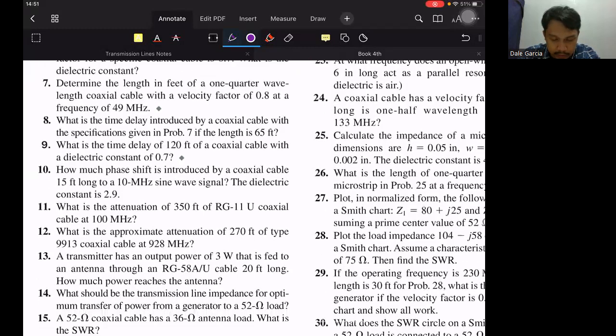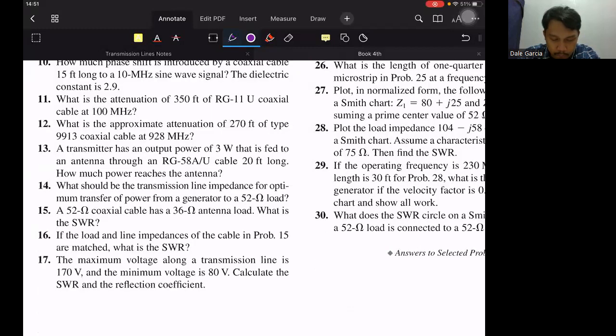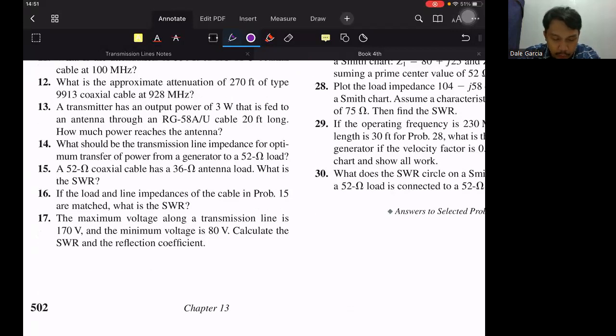Yung mga challenging din. A 52 ohm coaxial cable has a 36 ohm antenna load. That's the SWR. No, it's either 52 over 36 or 36 over 52.